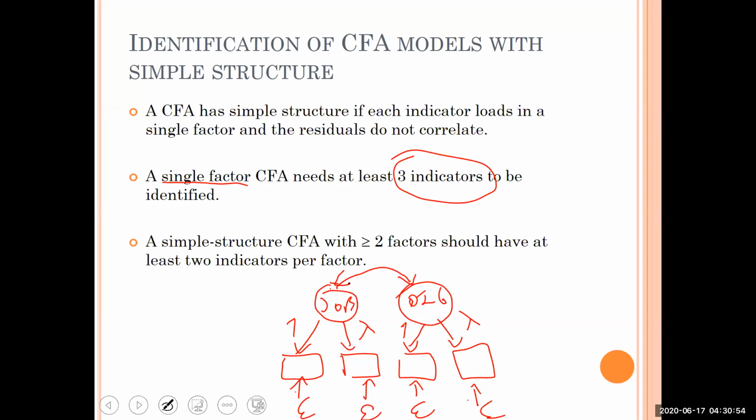So that gives us 9 parameters that we are estimating. How many pieces of information do we have? We have 4 variables here times 5 divided by 2. The covariance matrix has 10 elements. So this model here will have degrees of freedom equal to 1.